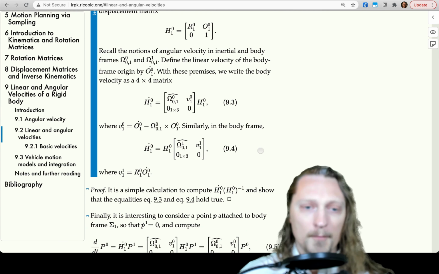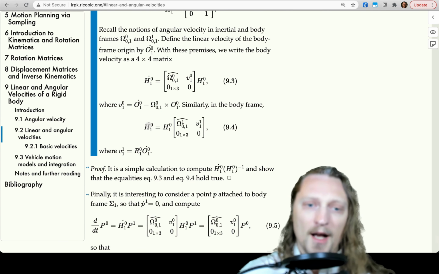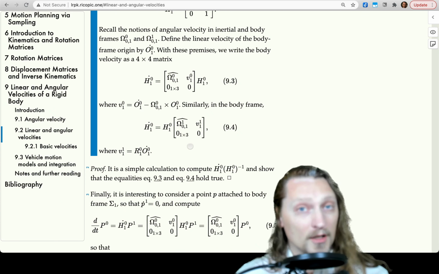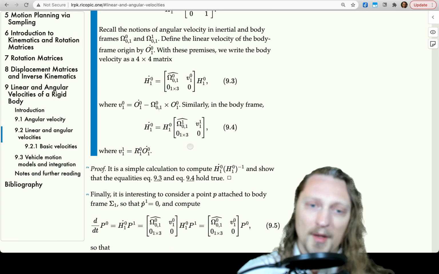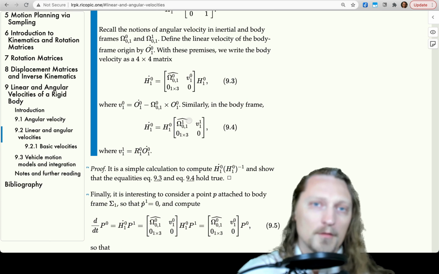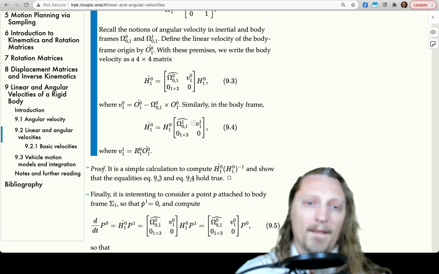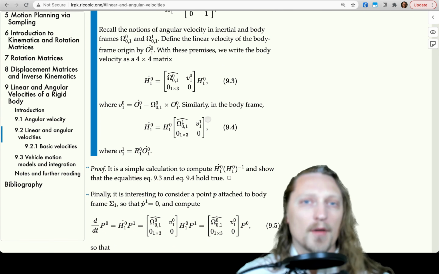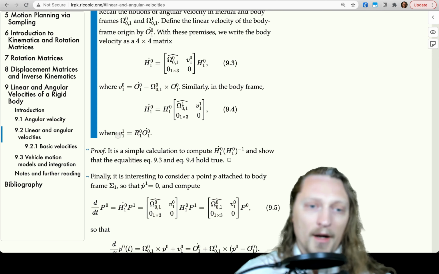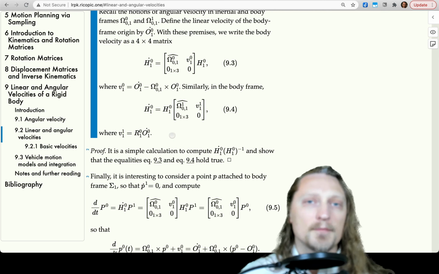Similarly, in the body frame, we have H10 dot equals H10, now right multiplied by a similar matrix. This time the matrix uses omega 011, the angular velocity expressed in the 1 reference frame, and V11, V1 expressed in the 1 reference frame, where V11 is R10 times O10 dot.